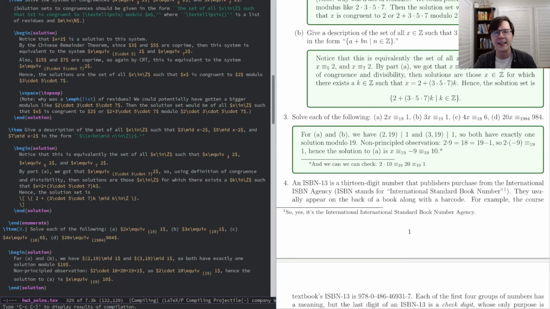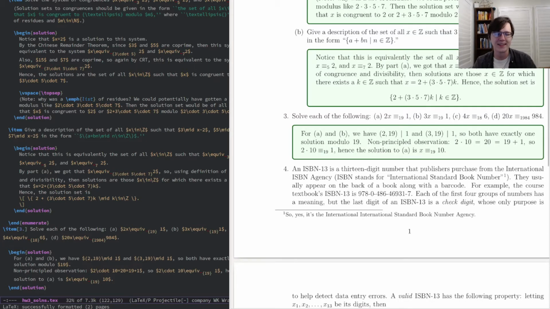And any multiple of 19 plus 10 is a solution in this way. Okay, so can I just... well, 20 is not a multiple of 3, so we can't do that same trick.